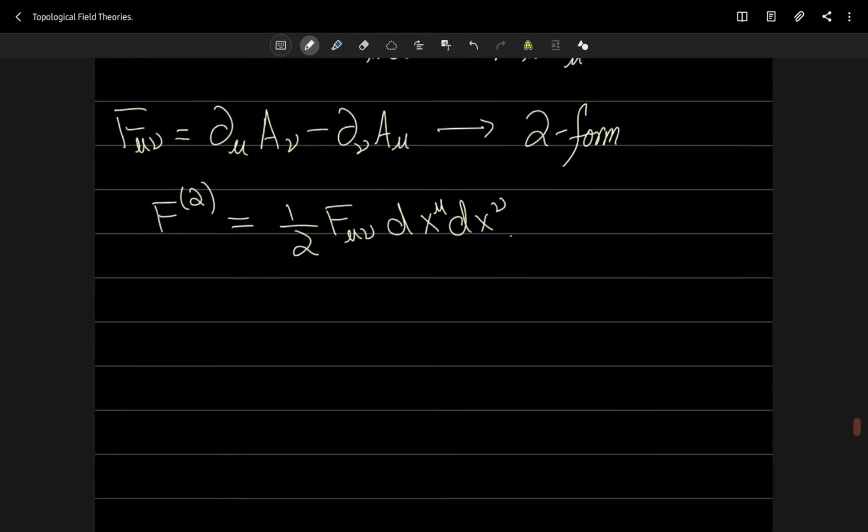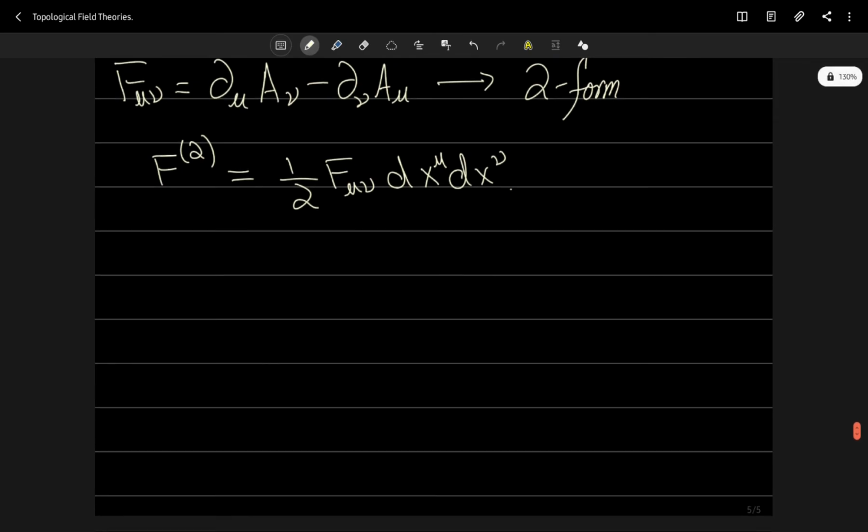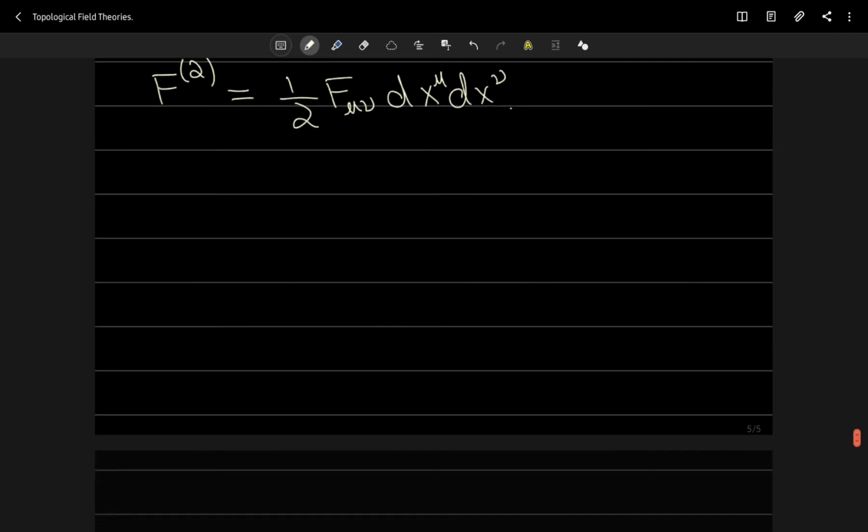Over there we have this expression for writing these forms, right? Now from that video, also recall that the form components must be antisymmetric under some index exchange. What I mean by that is, if I were to write this thing, f mu nu is equal to f nu mu, right?